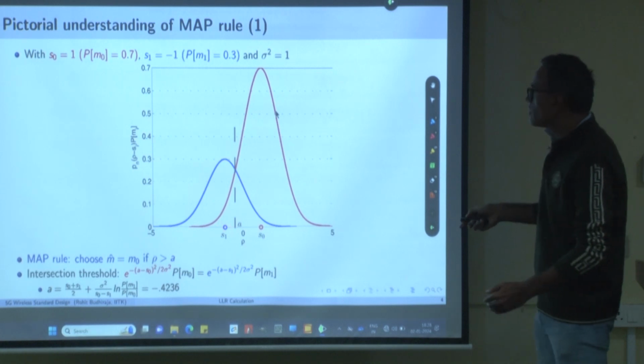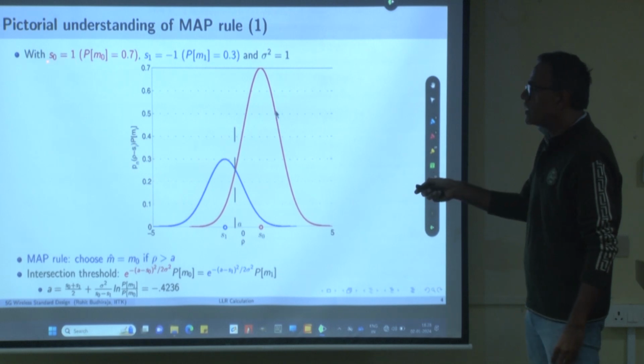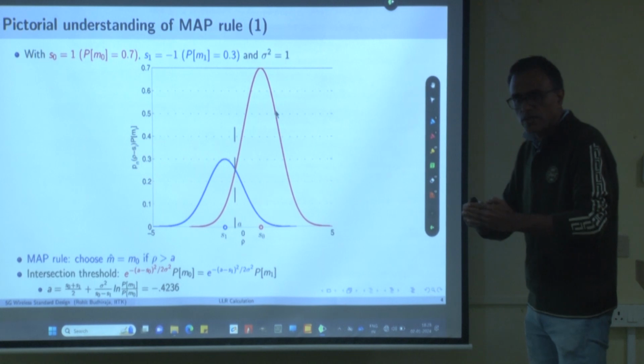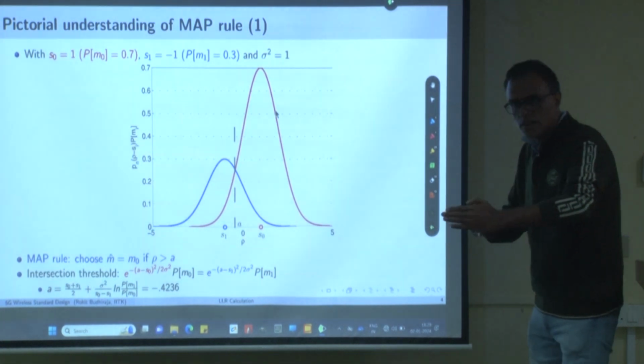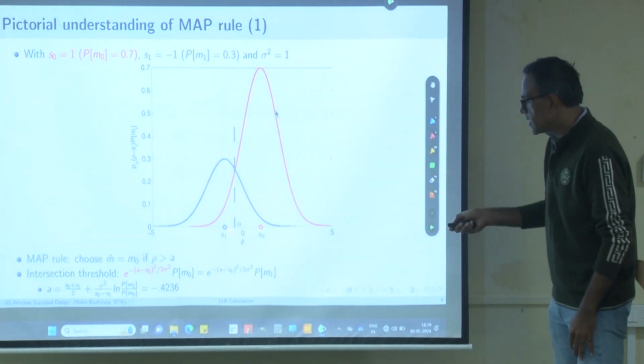So what is happening here is that the probability of transmitting S0 is greater than the probability of transmitting S1. So you are giving more region to declare S1 as the correct decision.